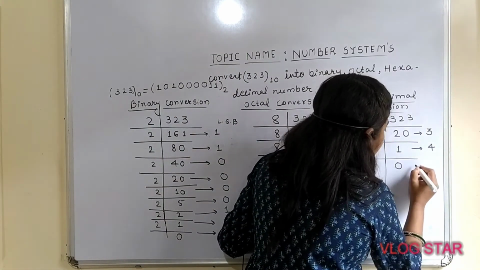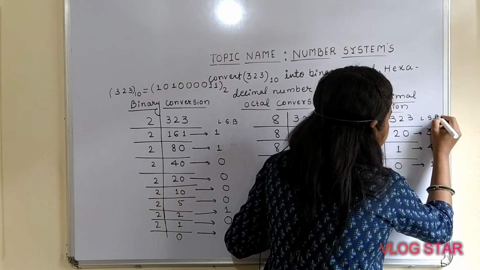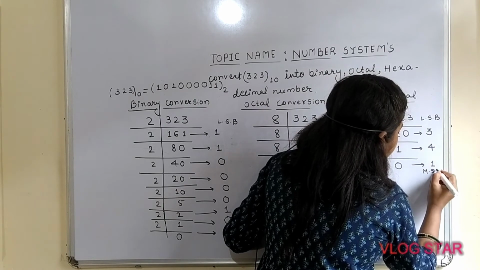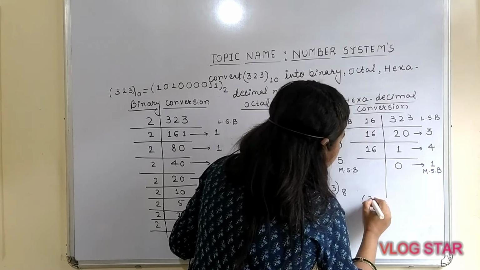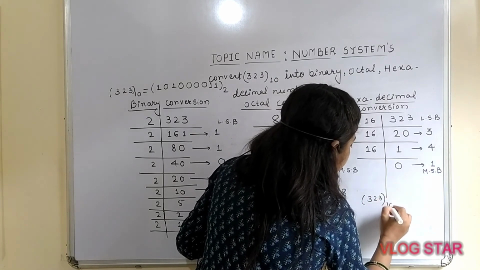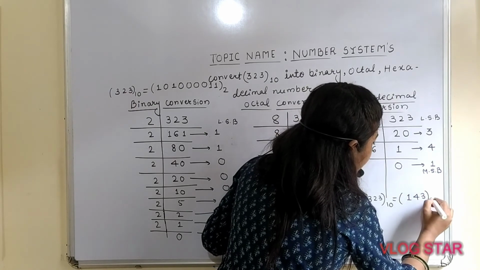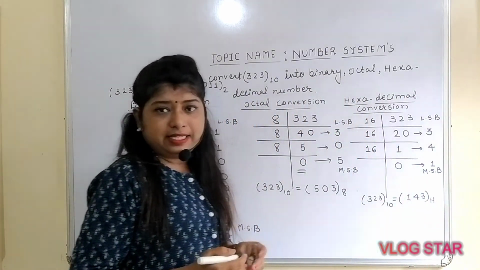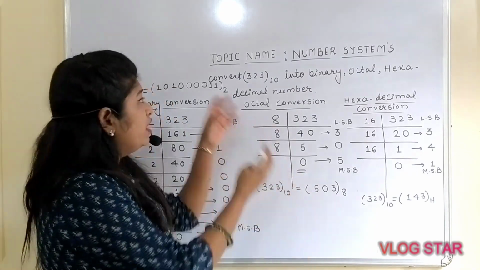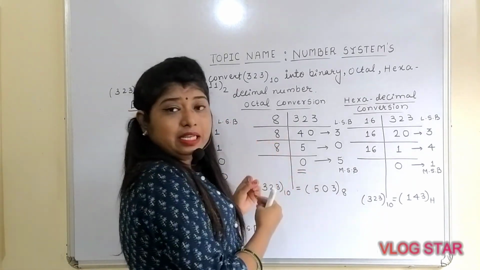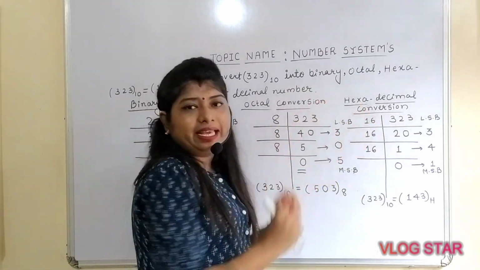Here you will get 0 and here you will get 1. So again you need to write the answer from MSB to LSB. So the conversion of 323 decimal number is nothing but equal to 143 hexadecimal.